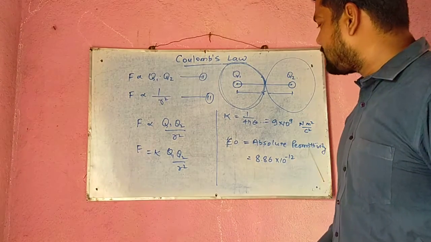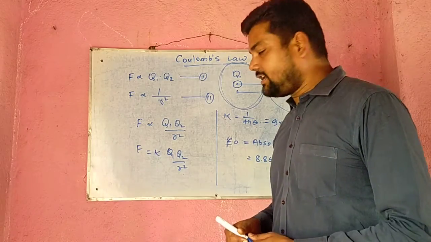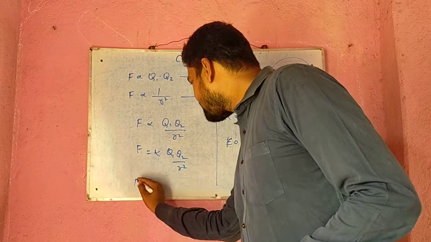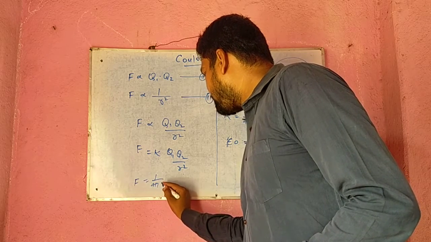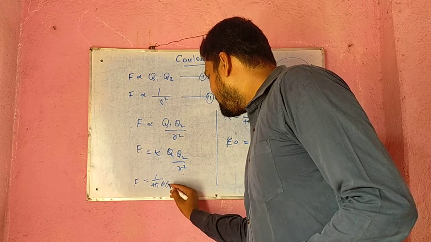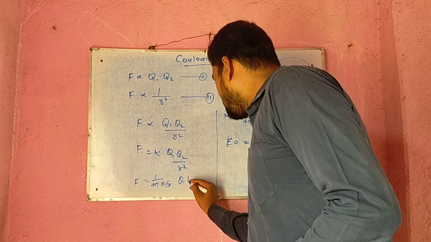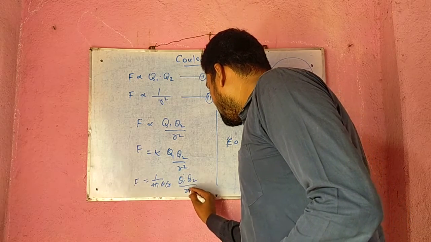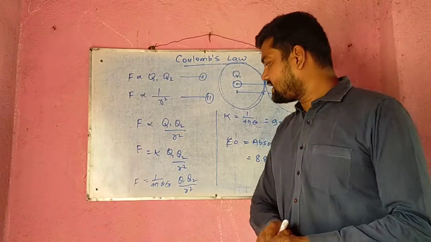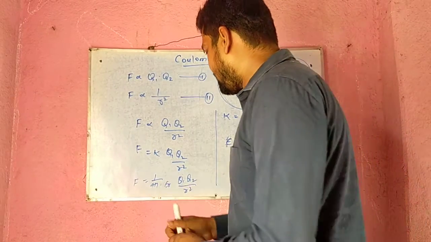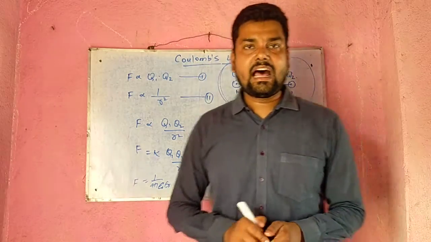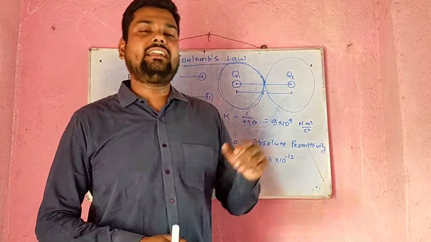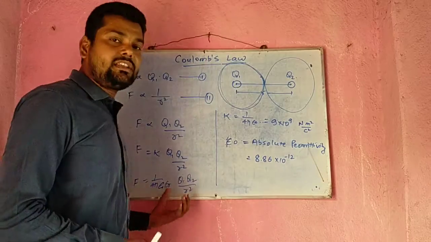So we can also rewrite it as F is equal to 1 by 4 pi epsilon naught into epsilon r, q1 into q2 upon r square. That is the governing factor, epsilon naught and epsilon r also govern the force acting between the charges.